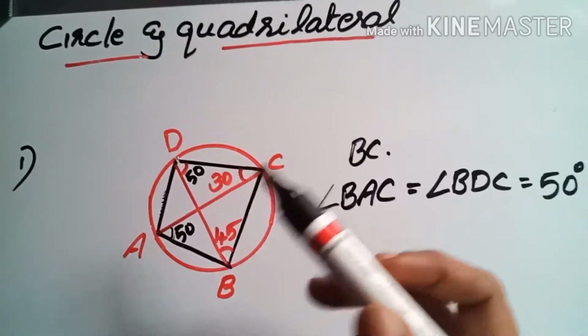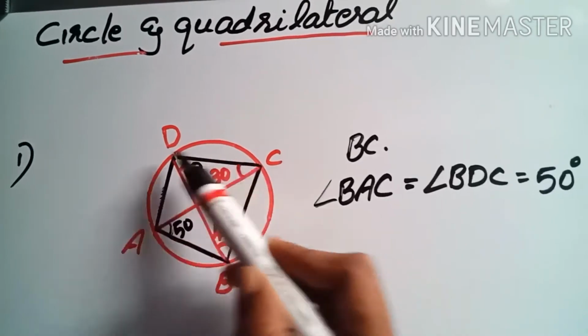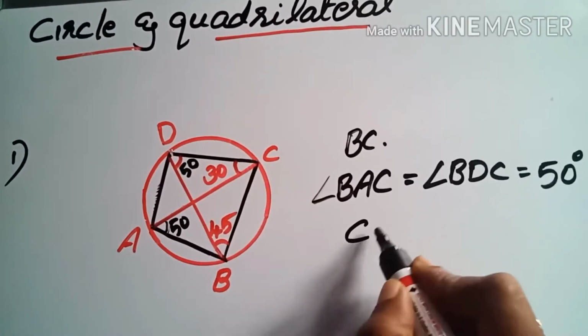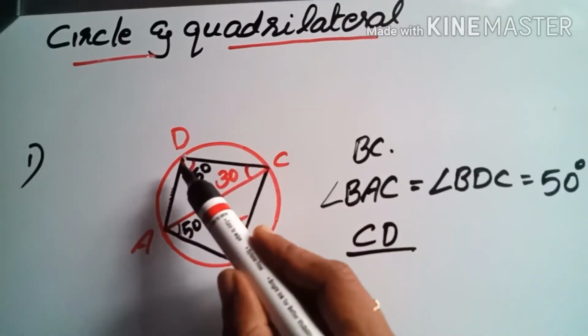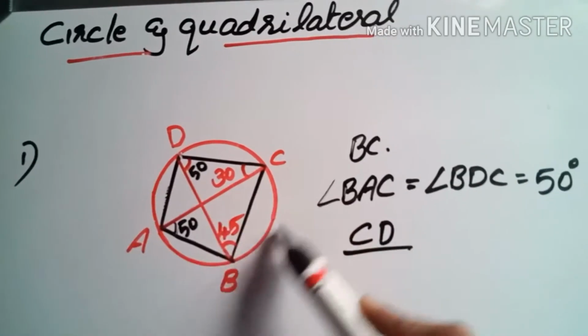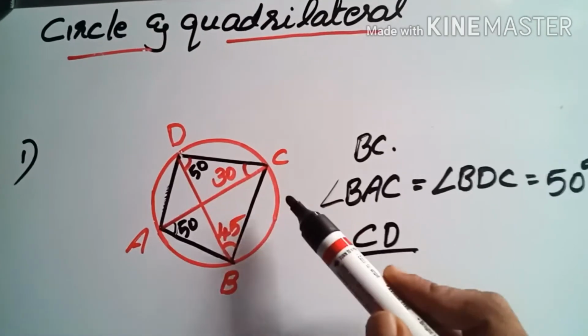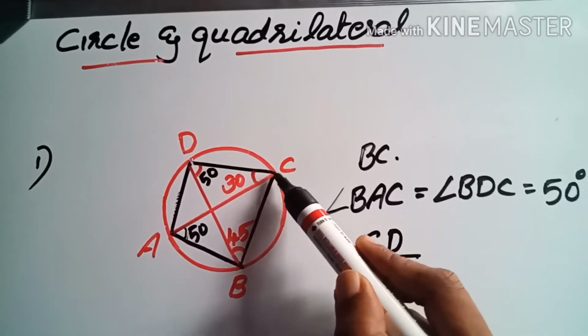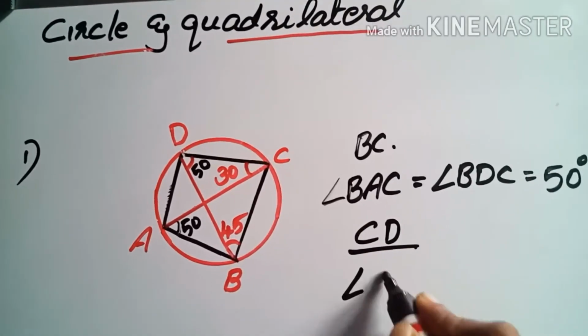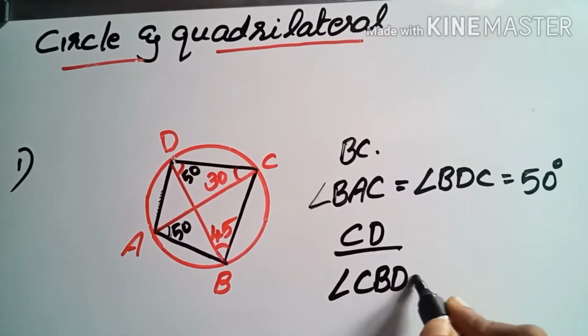Okay. Now consider the next chord, that is CD. Now starting point C, ending point D. The arc is this large arc, the alternate arc of this small arc. So first angle is angle CBD. Angle CBD is equal to which angle?